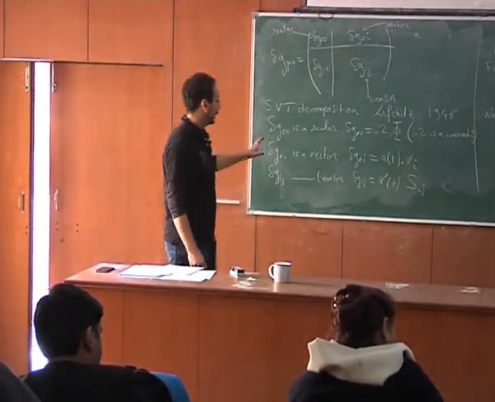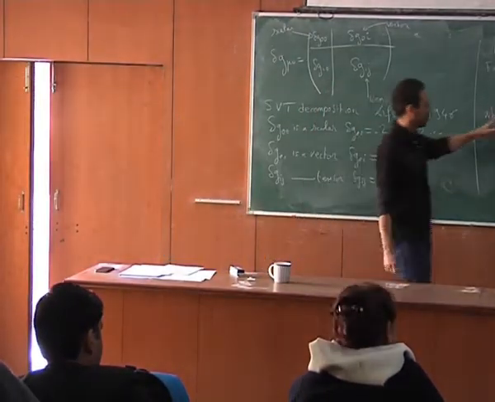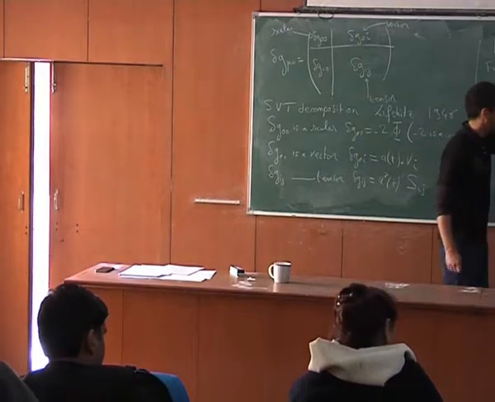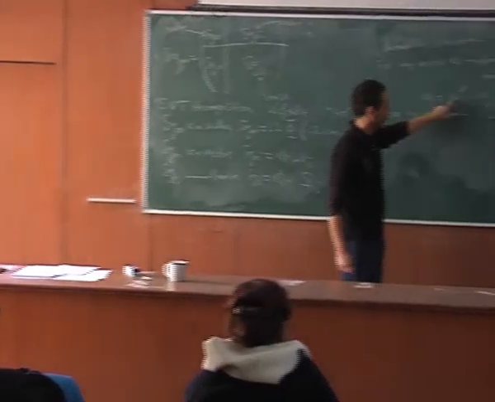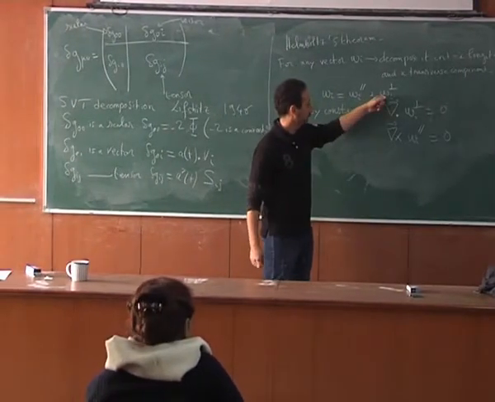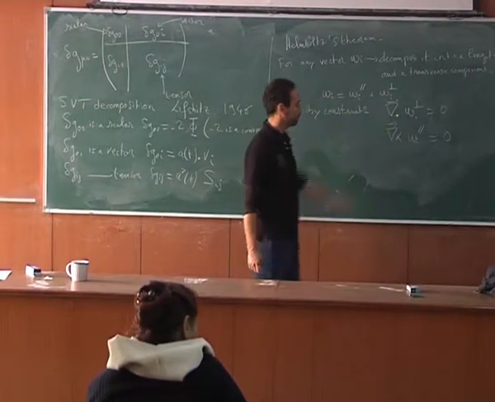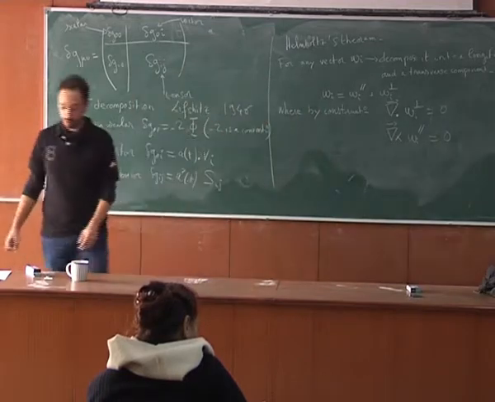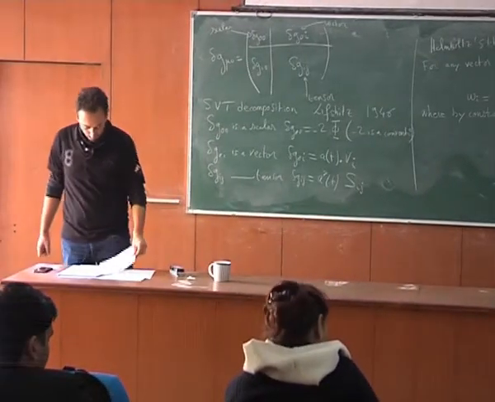So when you have a vector, you can always decompose the vector into two parts. One part has that the rotational of it is 0, and the other one has that the divergence of it is 0. So this is called the Helmholtz decomposition.